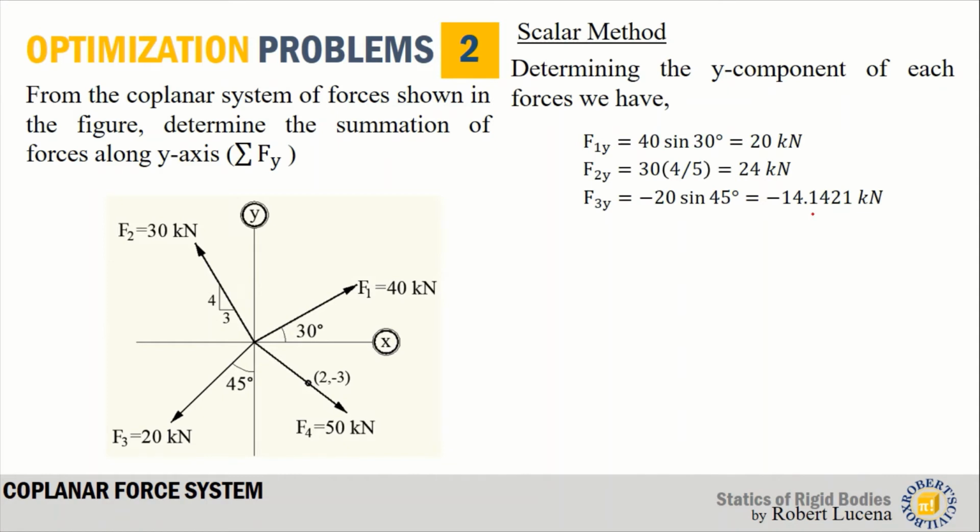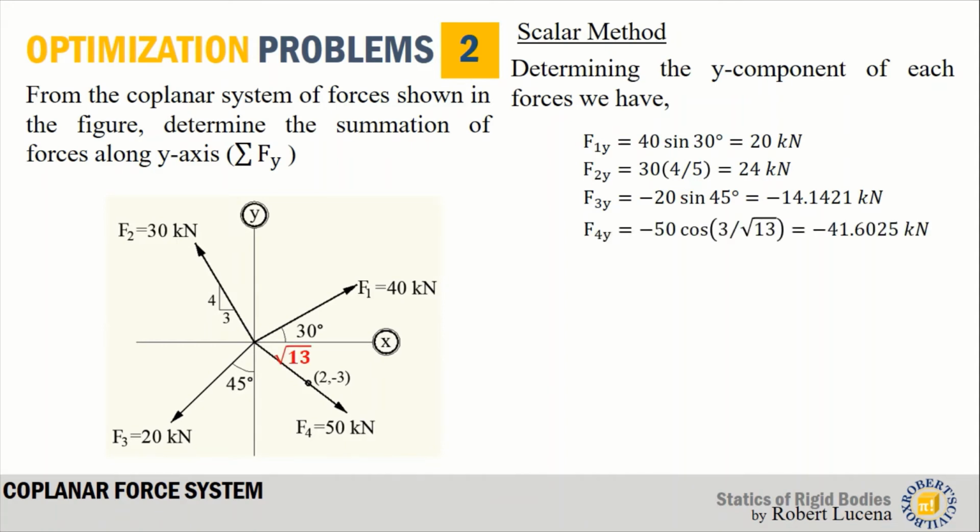For F3y, we use cosine. I'm sorry, this should be cosine. However, this is 45 degrees, that's why the answer is still the same. Make sure you write the negative sign because F3y is directed downward. So that is negative 20 cosine 45. We have negative 14.1421.